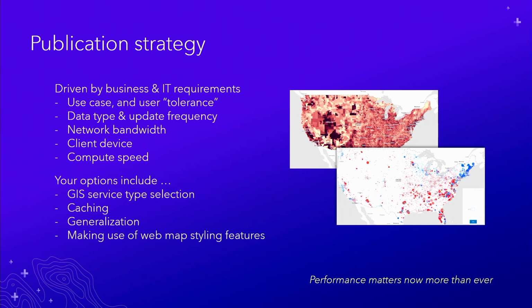And then to make the most use of your server resources, do the best that you can to leverage the capabilities of that portal information model. What I mean by that is web maps and web layers, so that if you have the same data providing the same functionality, but maybe one's rendered a little bit differently or one's got a filter on it, there's lots of capabilities in the portal. You can apply filters, you can create things like views to render that more efficiently.